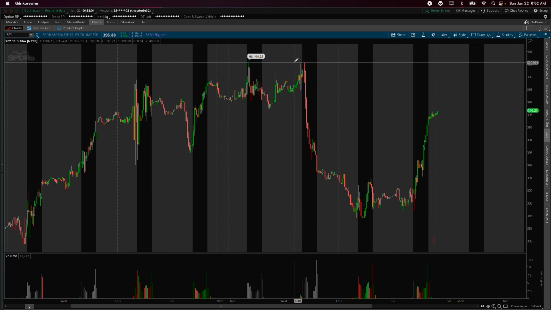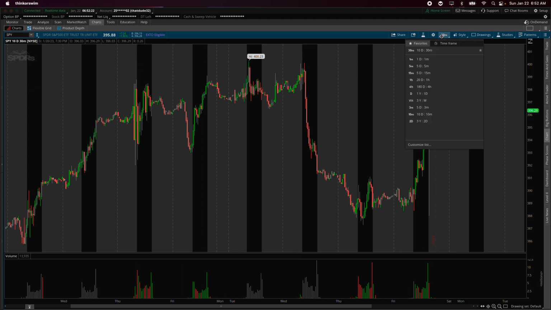For supply, you start at the top of the wick to the bottom of the body of that consolidation area. The other thing that can really help is you can look at previous price history to solidify that zone. But let's just stick with this.